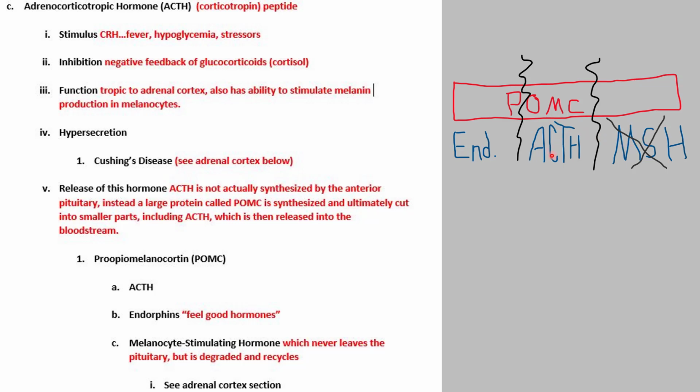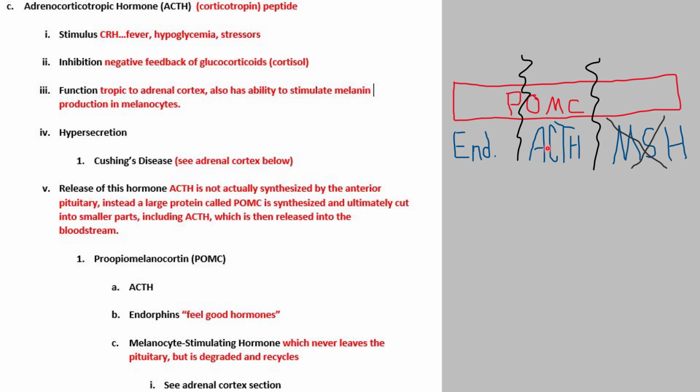An interesting thing about ACTH is that normal levels of ACTH don't really do much other than stimulate the adrenal cortex. But if there's too much ACTH, as in hypersecretion of ACTH, as in secondary Cushing's disease, one, it stimulates the adrenal cortex and we get those Cushing syndrome disorders, but we also start to see tanning of the skin.